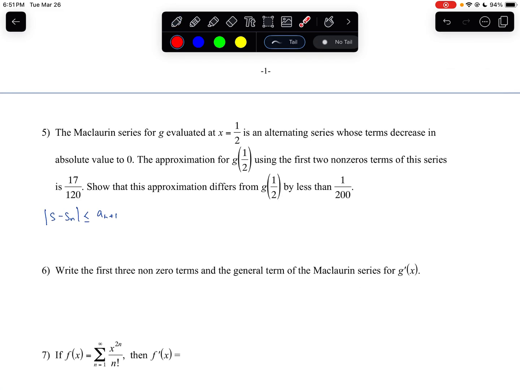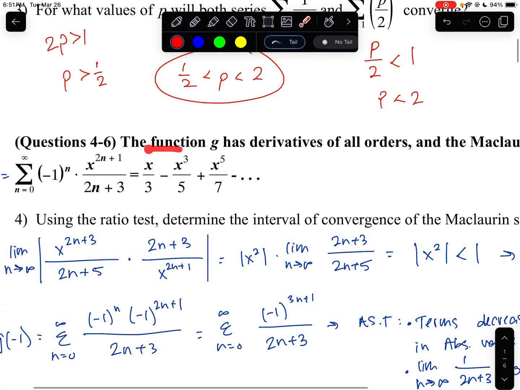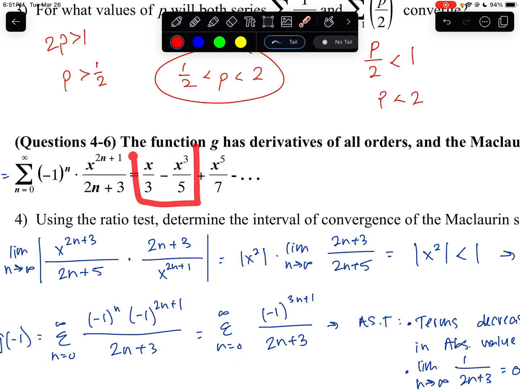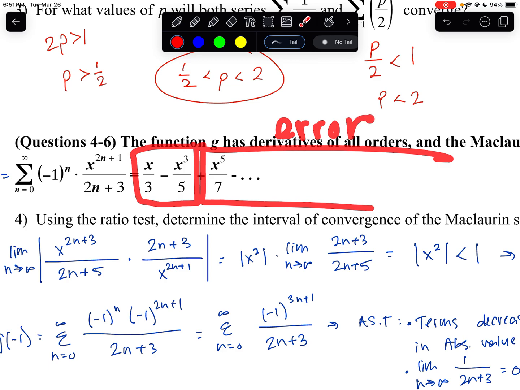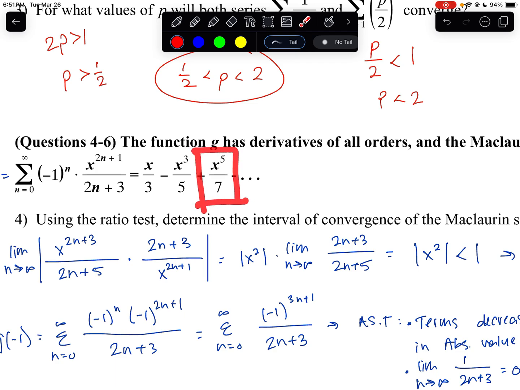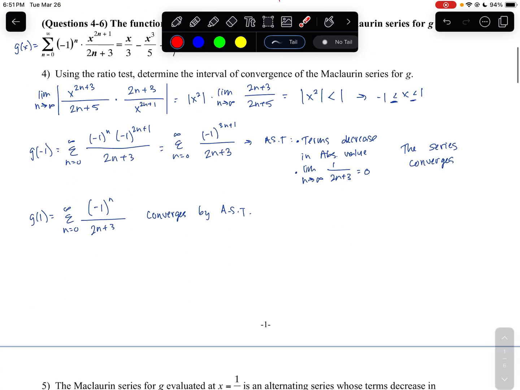Since we're truncating at the second partial sum right here, this is going to be the error, the difference between my sum and my partial sum. The most this error can be is the first omitted term.